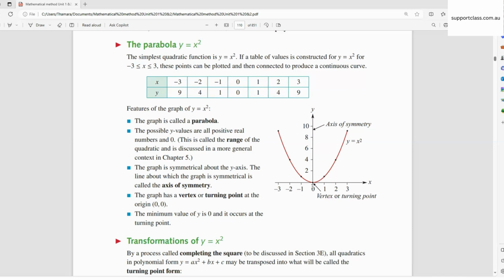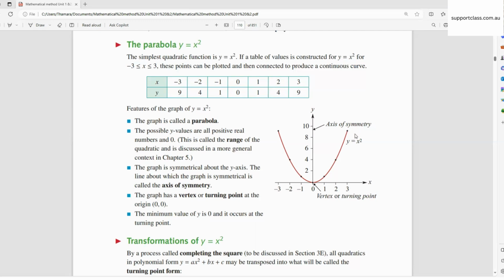Then you can describe the domain. What is the domain of this graph? The domain is the range where the x coordinates are spread. In this case, the x coordinate can vary from negative infinity to positive infinity.